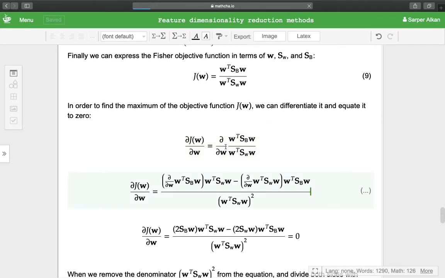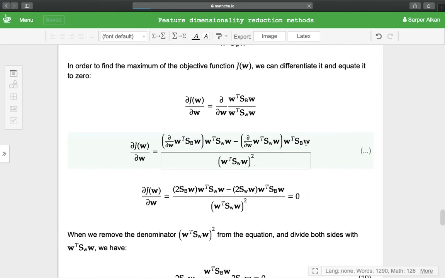So we have the derivative of the division here: derivative of this term multiplied by this term, minus derivative of this term multiplied by this term, and divided by the square of this term here.